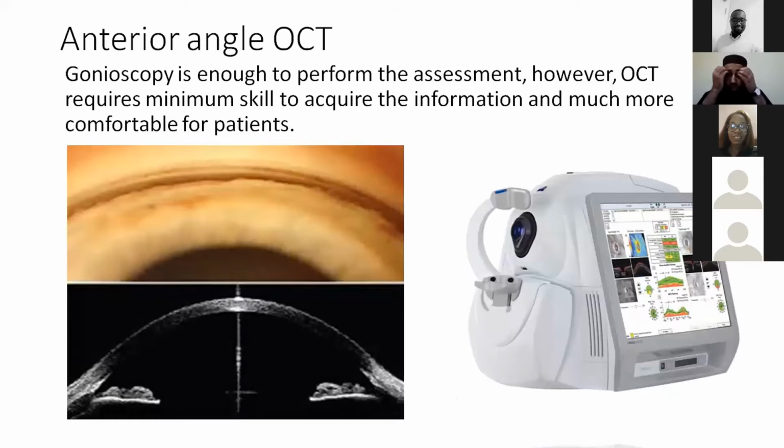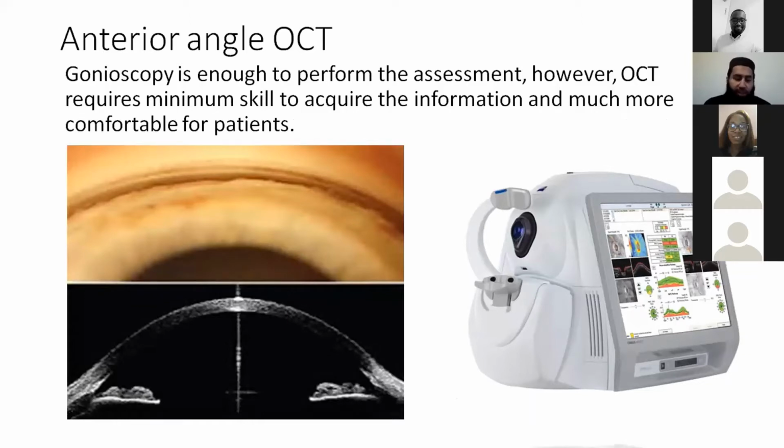Anterior angle OCT. In anterior angle, as I said, gonioscopy is very helpful, but again, with OCT, it is comfortable for patient and it is comfortable for the performer, the person who's performing the test, and we don't even have to be qualified to do that test.